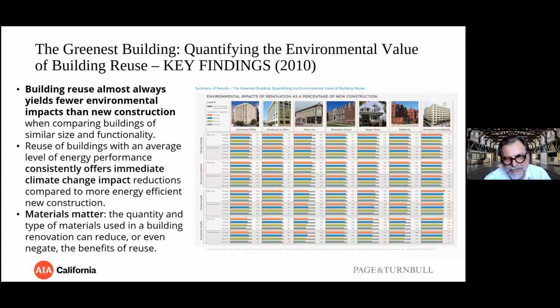That was the one case where you tended to invest more resources in the adaptive reuse than in just building new. But buildings with an average level of energy performance consistently offered immediate climate change savings, climate change impact, and that's that delta that I showed you when I did the quick avoided impacts analysis.